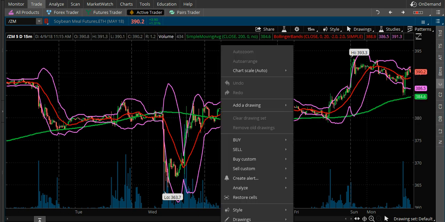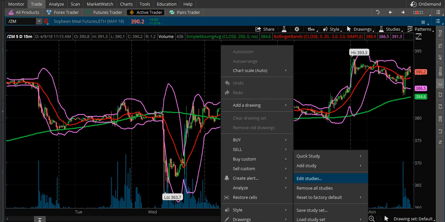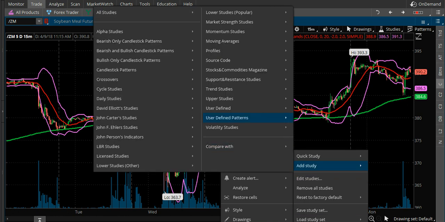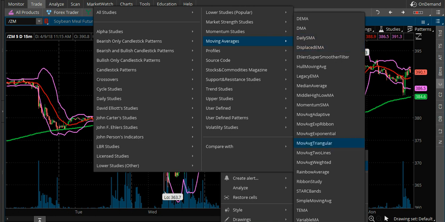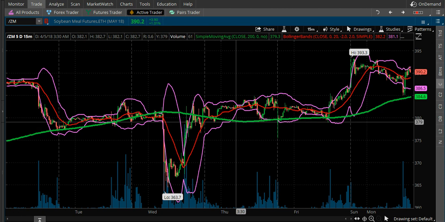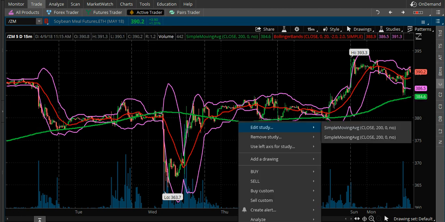The only thing we're missing now would be the 8-period moving average. So we'll come down to studies again, we'll go to add studies, and we'll go to moving averages. And under moving averages, you go to simple moving average again, bada bing, bada boom. And it comes out under my 200 for some reason, so now I have 2 of them under here.